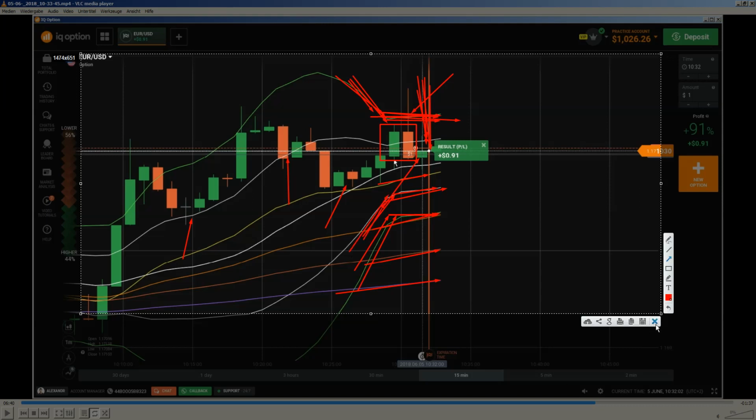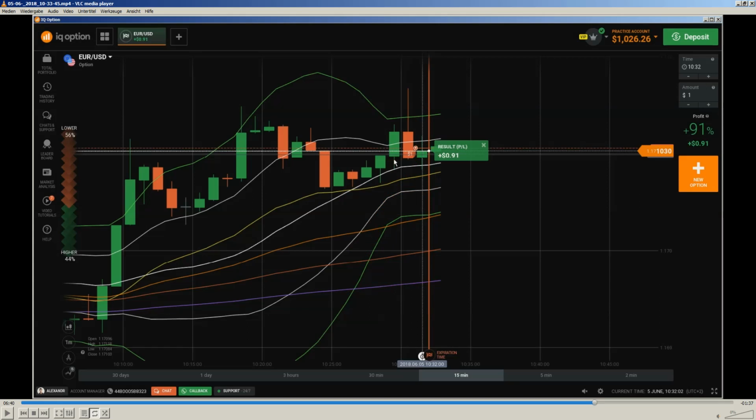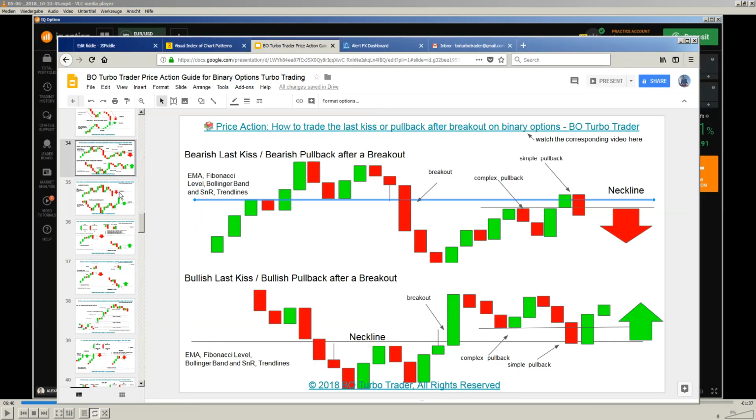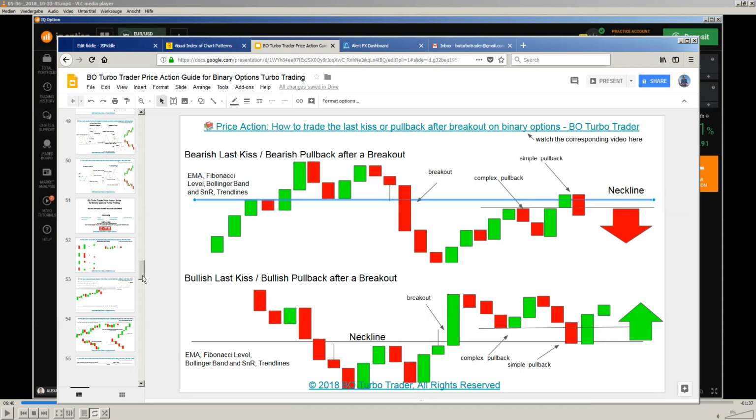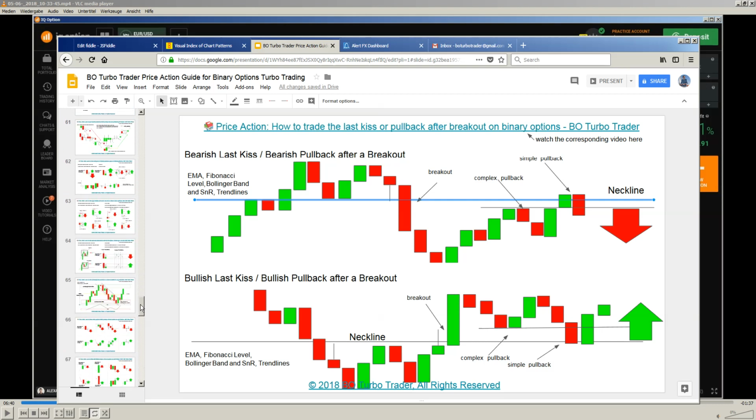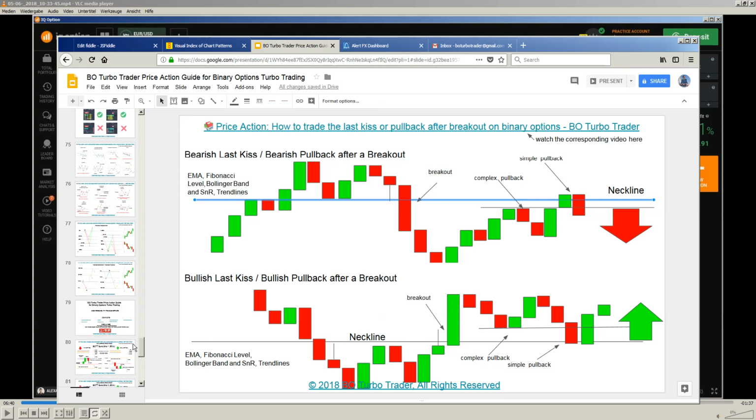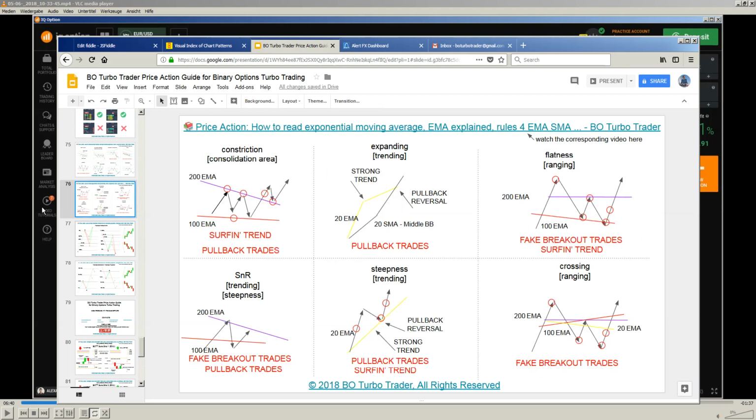Let me show you this, where I have shown, and that is also one of those videos which you should watch with the other one, if we are going to talk about those things here, where I have explained the EMAs. Here you see if the 20 EMA and the middle Bollinger Band are getting wider, you can expect a reversal or a pullback, one of both.